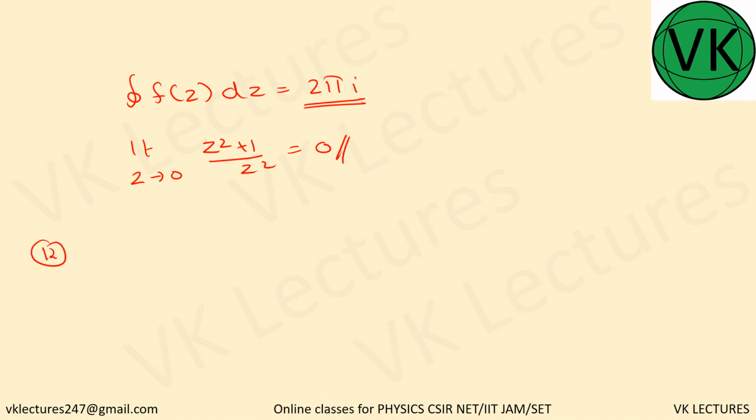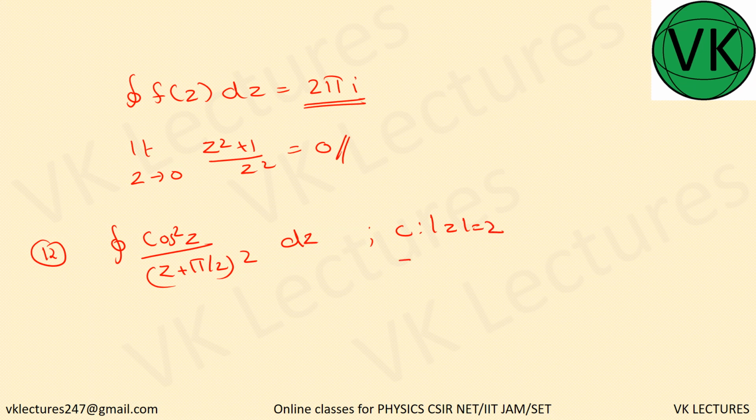Then twelfth question: closed integral of cos square z divided by (z plus pi by 2) whole square dz. The contour is modulus of z equal to 2. So z is equal to minus pi by 2, where pi by 2 is less than 2.